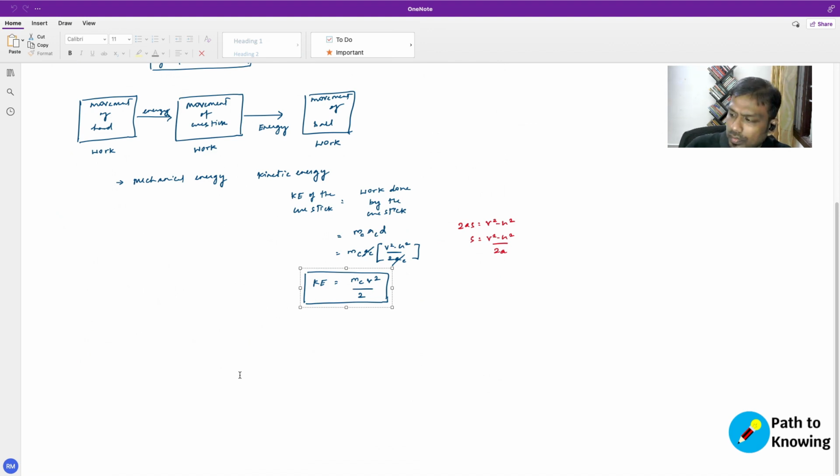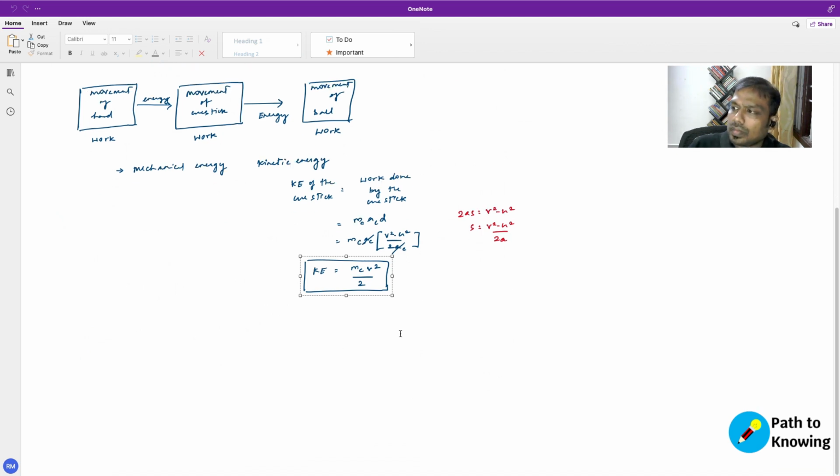an iron ball. I'll take this example. I'm going to use a different color. So I'm having an iron ball that is left hanging from the ceiling or somewhere, and that is at a certain height from the floor, right?